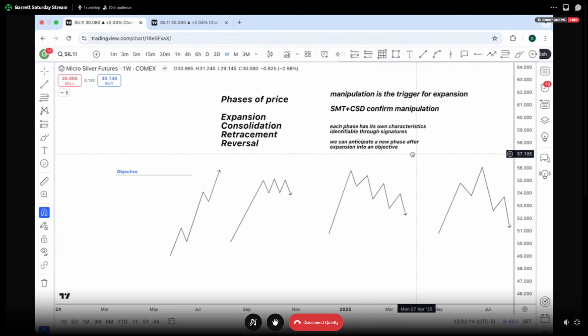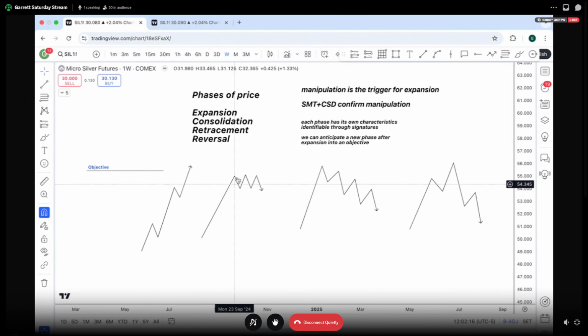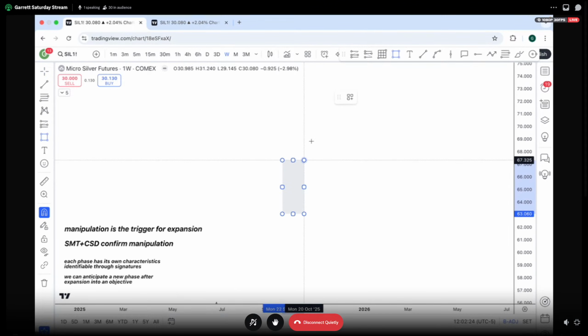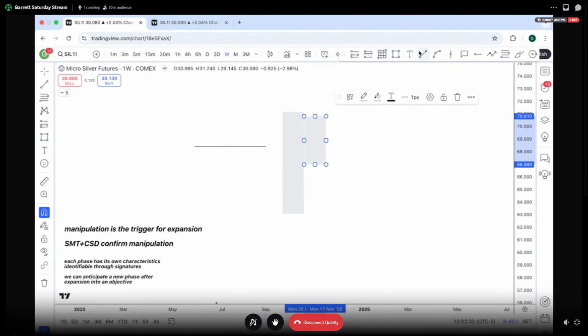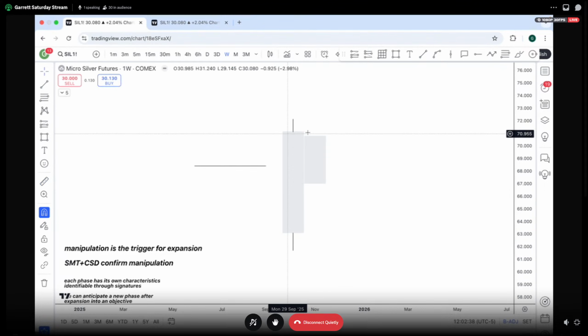All right. So what are the signatures of consolidation? Obviously a sideways range. It's going to look many ways. This can be an inside bar, where you have expansion into a high or something, and you basically just have a candle inside of this candle's range. That's a consolidation, right? The thing about consolidations is we can't actually reverse from a consolidation.